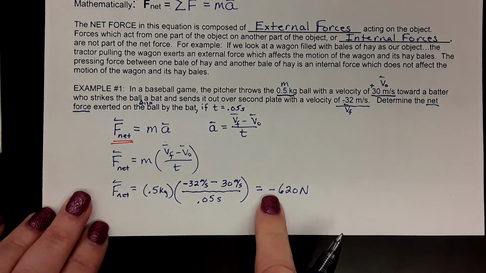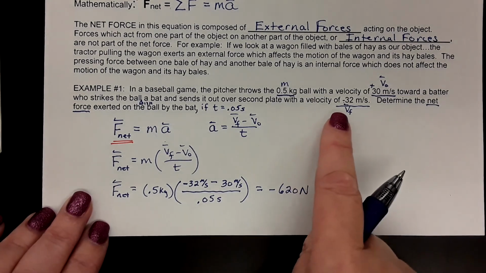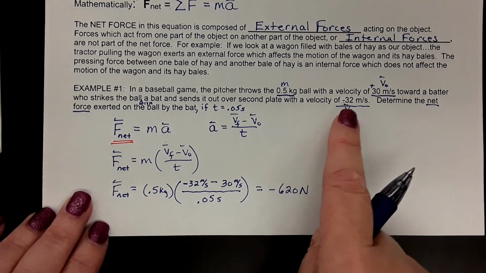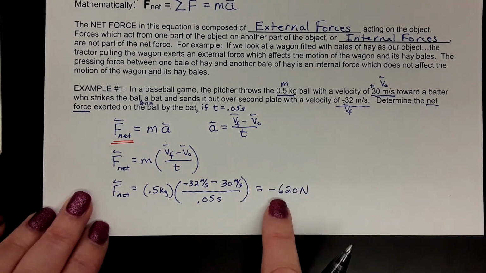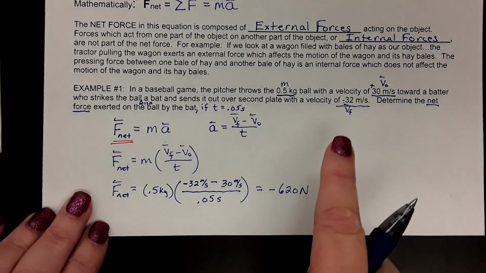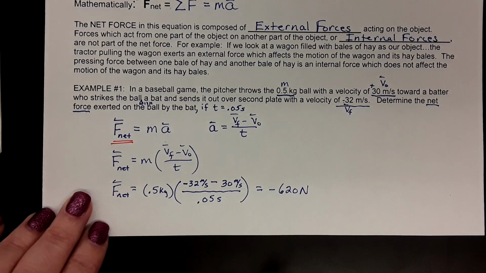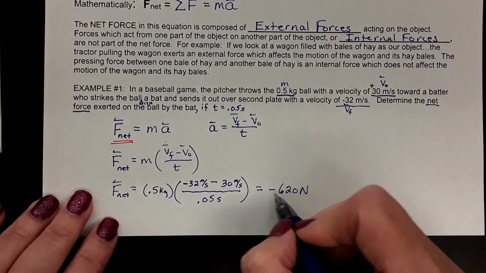This means the force that acted on the ball acted in a direction back out over the pitcher's mound and second plate, which makes sense because the bat is headed towards the ball when the ball is coming towards the bat. Since the ball was in the positive direction, the bat has to be swung in the negative direction to strike it and push it back the other way, changing its velocity. So it makes sense that the force from the bat is negative, okay?